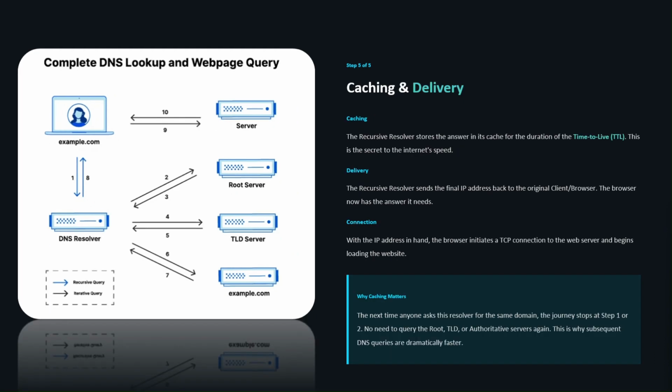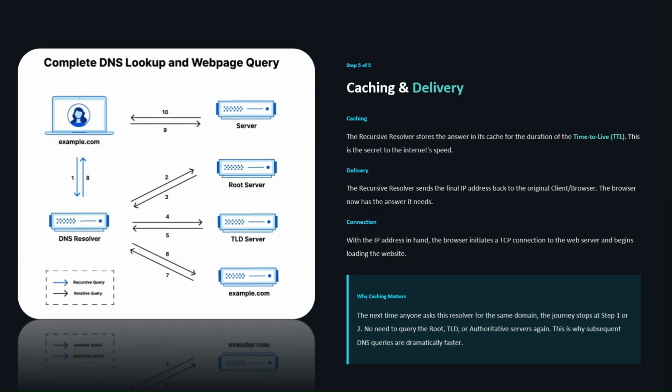With the final IP address in hand, the recursive resolver performs two crucial actions. First, it caches the answer in its own memory. This is governed by the time to live, or TTL, value provided by the authoritative server. Caching is the secret to internet speed.